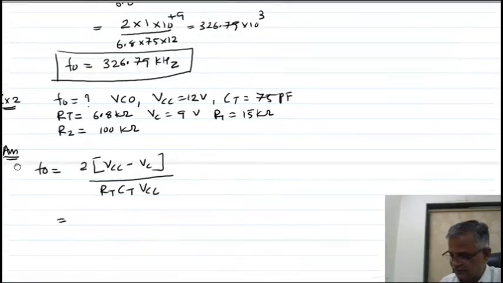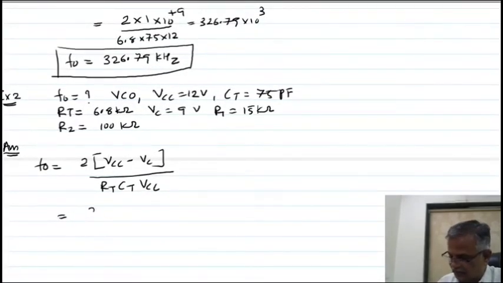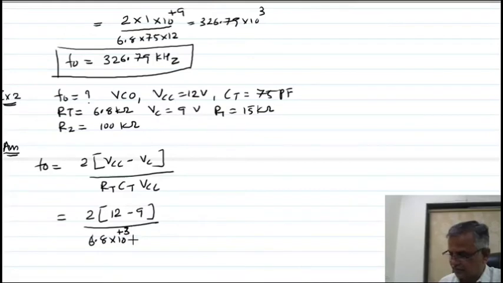So here I am writing 2 into 12 minus 9 into RT is 6.8 into 10 raised to plus 3, CT is 75 into 10 raised to minus 12, and this is your VCC, 12.